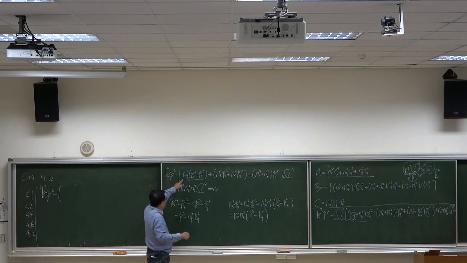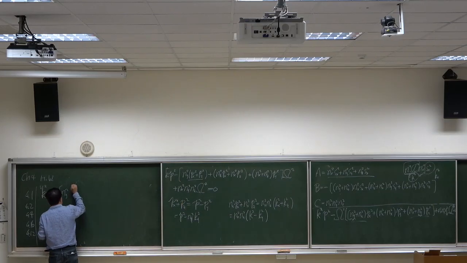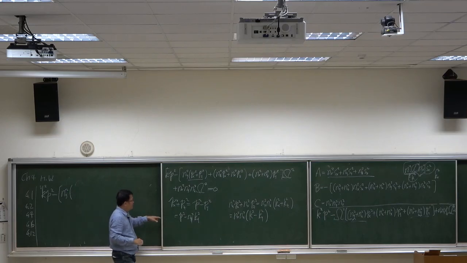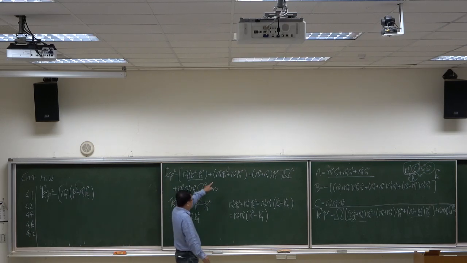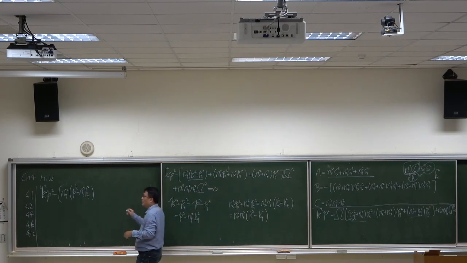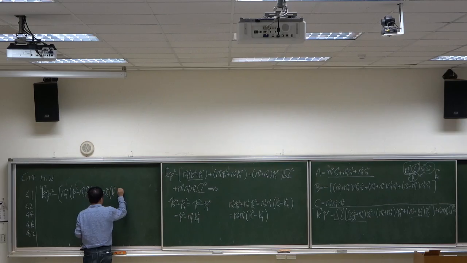Here we have ny squared times p squared minus ny squared ky squared. And here we have nx squared nz squared times k squared minus ky squared.